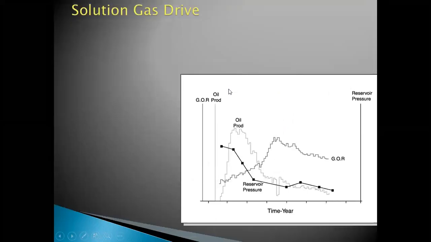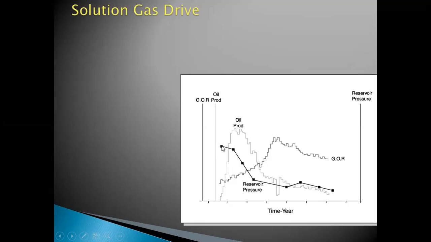And these are the 3-4 major points. Number one, look at oil production. Oil production, as I said, first is increasing because we have good pressure, but then the pressure declines faster. Sorry, the oil production then starts to decline also.